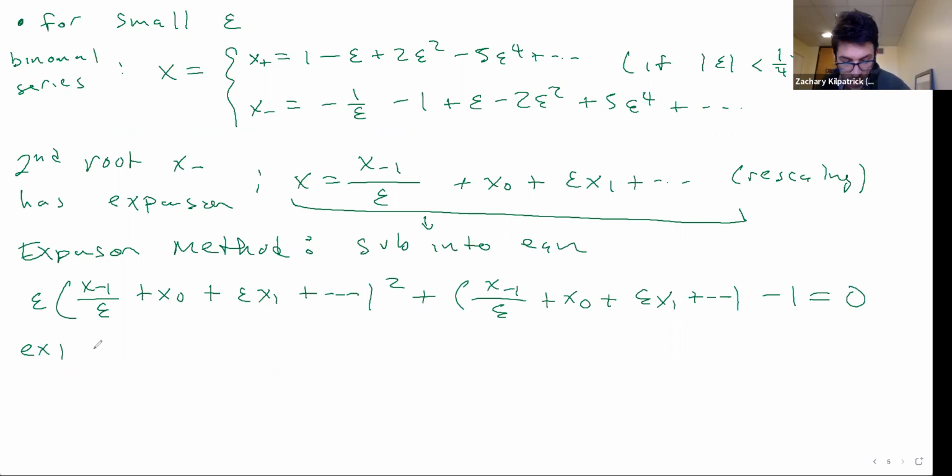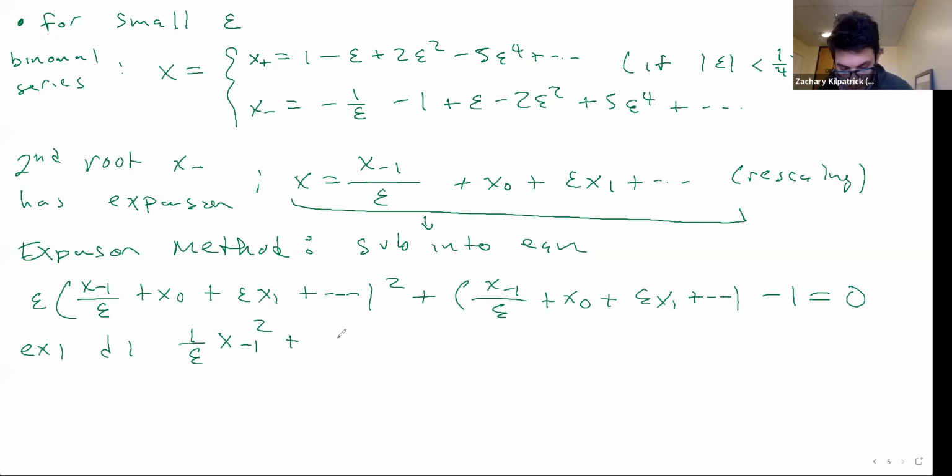And if we go ahead and expand this, then we get a 1 over epsilon term, x -1 squared, because to leading order, you square this and then you multiply it through by epsilon.